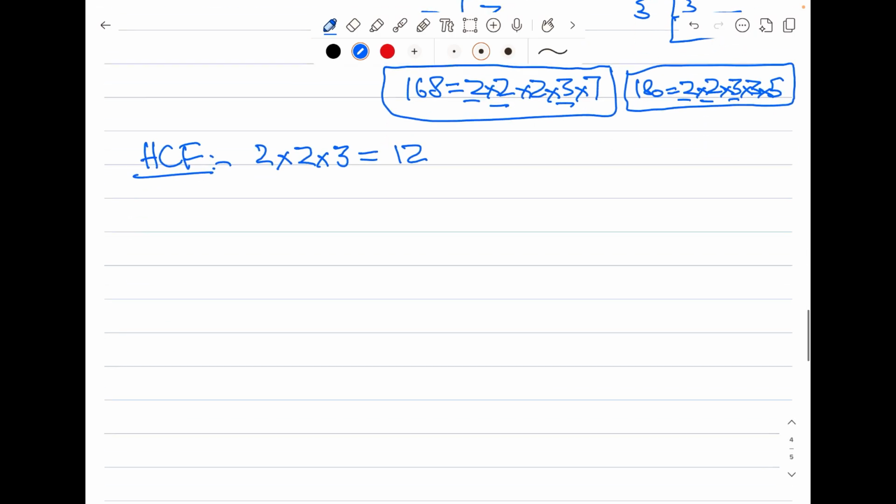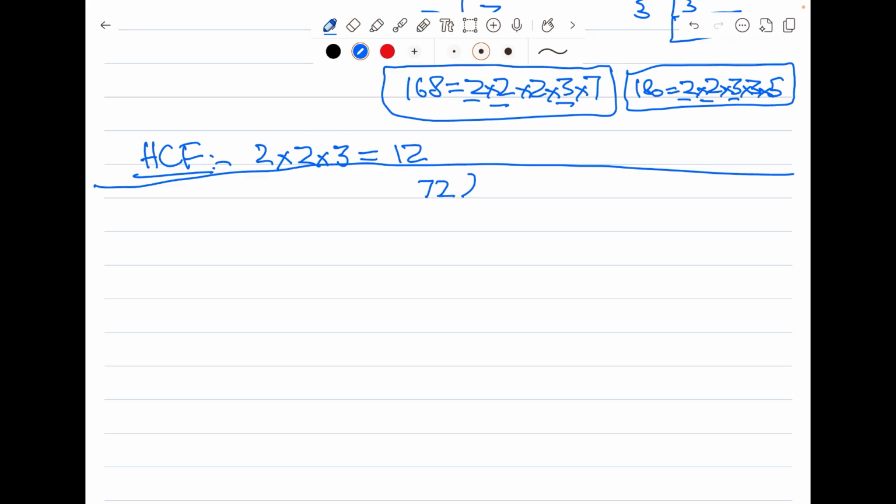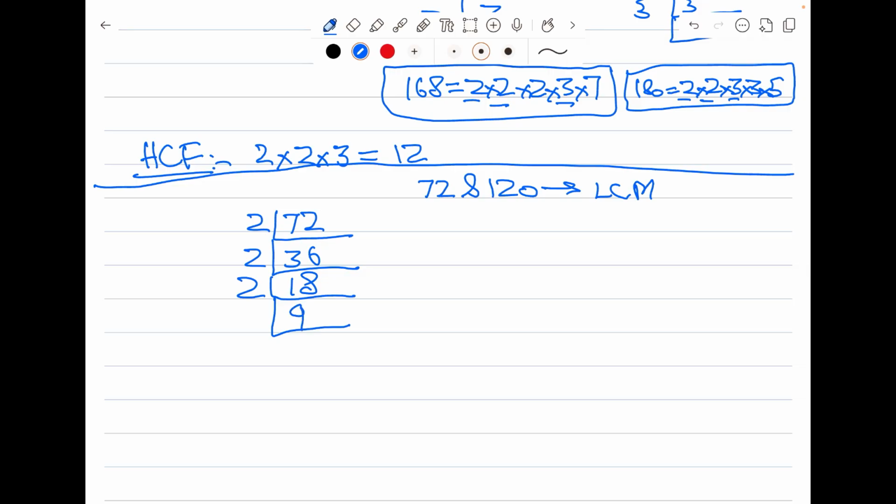So for example, if we wanted to find the LCM of 72 and 120, the lowest common multiple, again we're going to write out the prime factorizations of 72 and 120. 72 divided by 2 is 36, divided by 2 is 18, divided by 2 is 9, divided by 3 is 3, and again divided by 3 gives us 1.